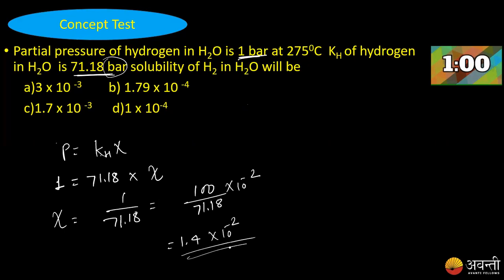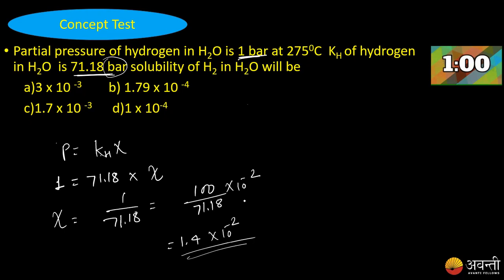It should be 1.4 into 10 to the minus 2. So that means none of the options is correct.